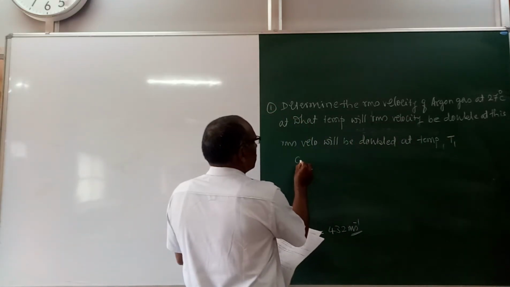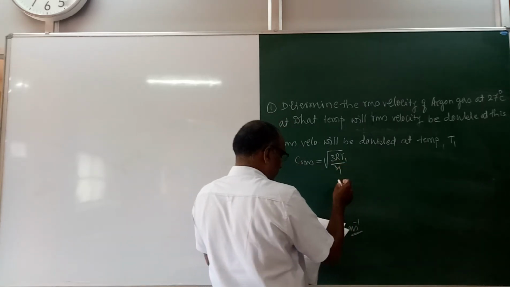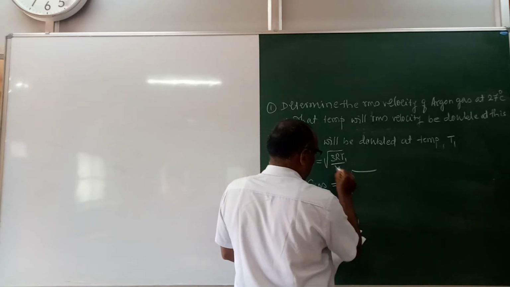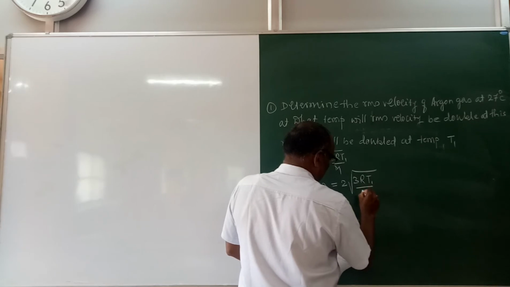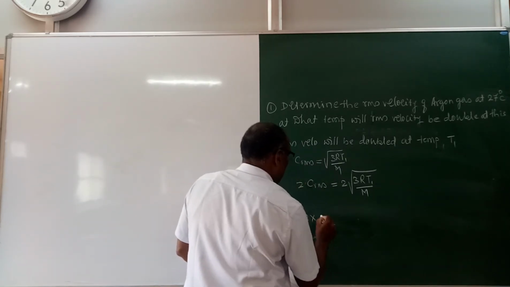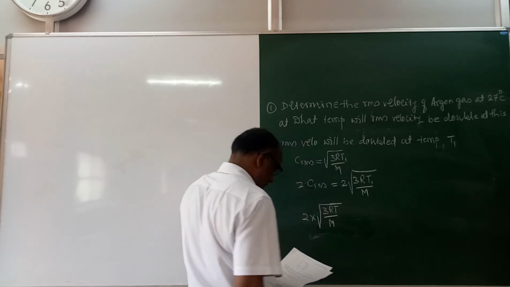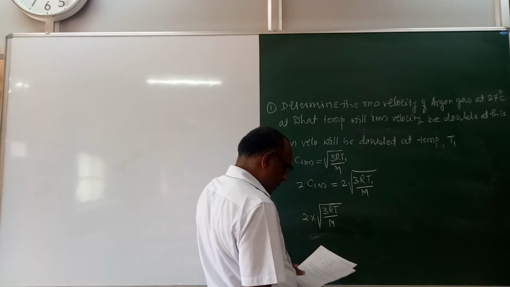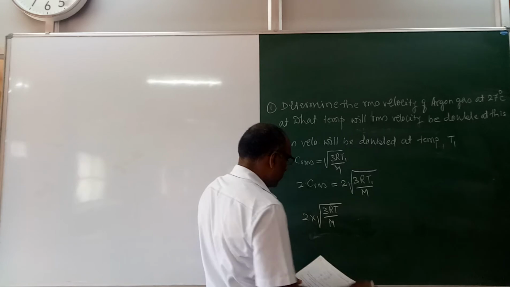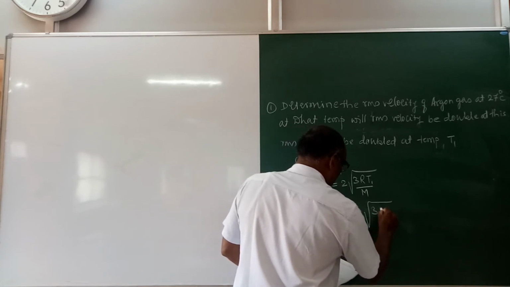So this will be equal to CRMS, again the same relation, 3RT1 upon M. This will be double, that is CRMS is equal to 2 into this, that is square root of 3RT upon M. So if you simplify this, that is 2 into RMS is this, square root of 3RT upon M. So this is square root of 3RT1 upon M, is equal to 2 times square root of 3RT upon M.